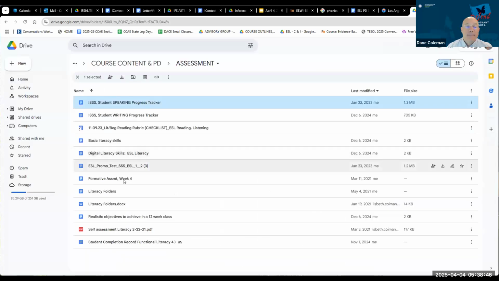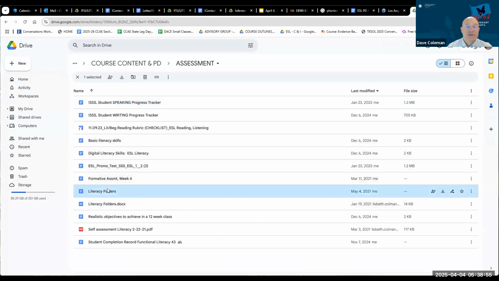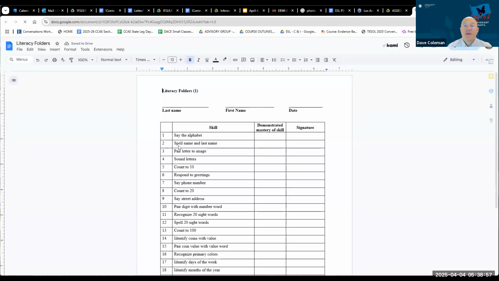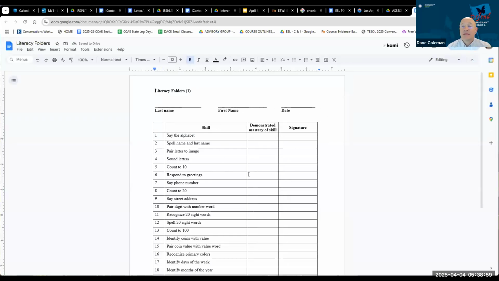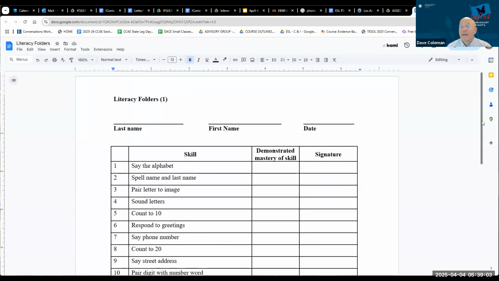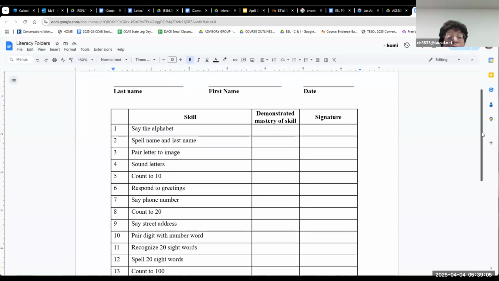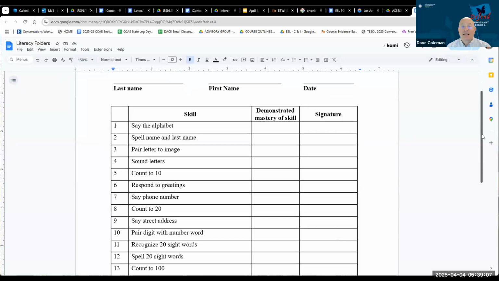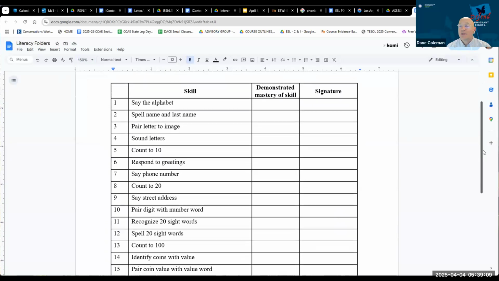Literacy folders. And this has the list of competencies that your beginners or your literacy students should know. I like that. Say the alphabet, spell your first and last name, pair a letter to an image.